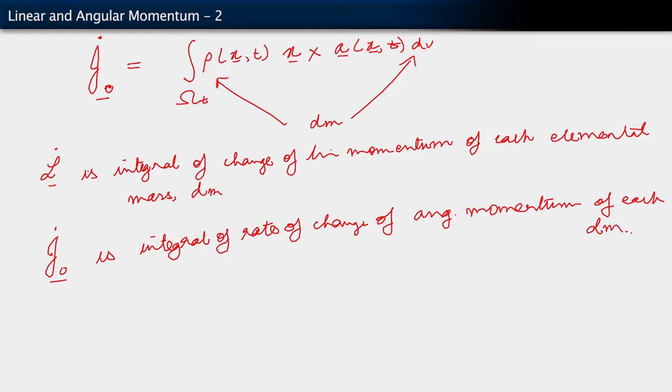And then along come Newton and Euler and say that L dot is equal to F, and likewise they say J naught dot is equal to something.